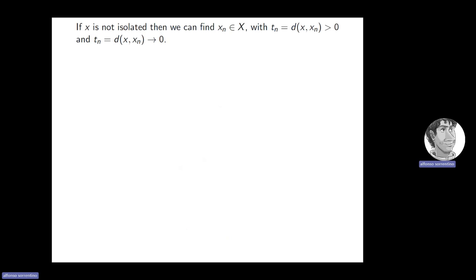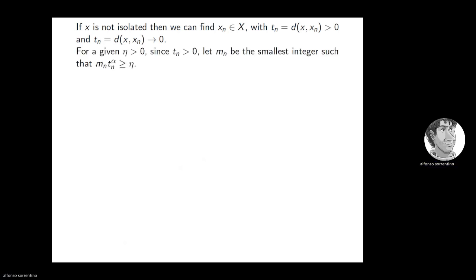So if x is not isolated, we can find a sequence xn such that the distance tn from x to xn is strictly positive and goes to 0. Now, for a given eta, because tn is positive, we can pick the smallest non-negative integer mn such that mn tn to the power alpha is larger than eta.